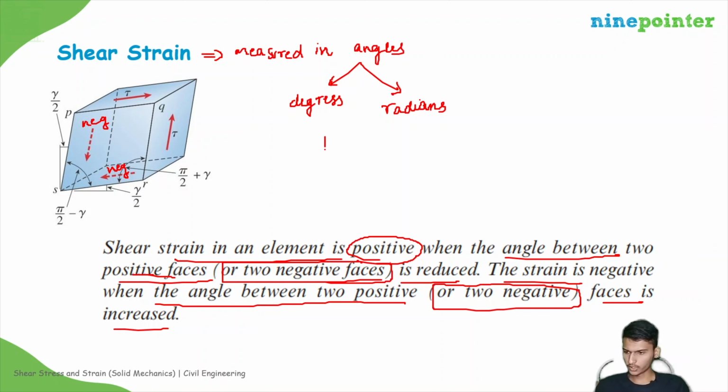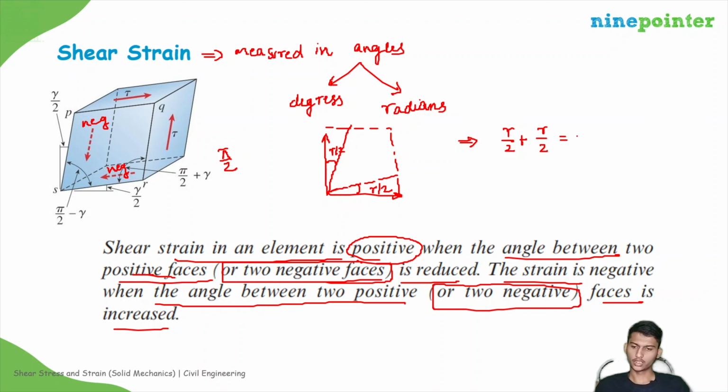So if you see over here, initially the body will be like this. Now the body becomes like this, right? So the initial angle between two perpendicular directions is pi by 2. After that, it is decreased in this direction by gamma by 2, and in this direction by gamma by 2. So what is the whole decrease in the angle? That is gamma by 2 plus gamma by 2, right? That is gamma. So gamma over here is the shear strain.